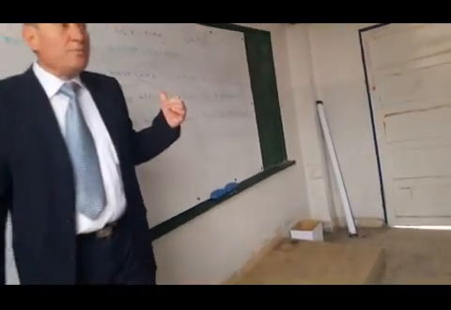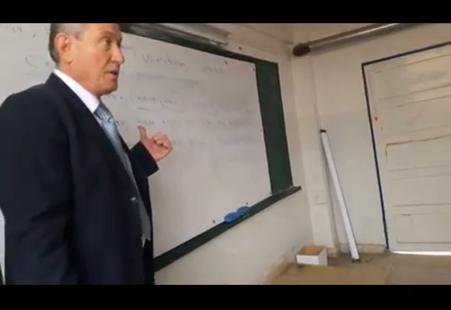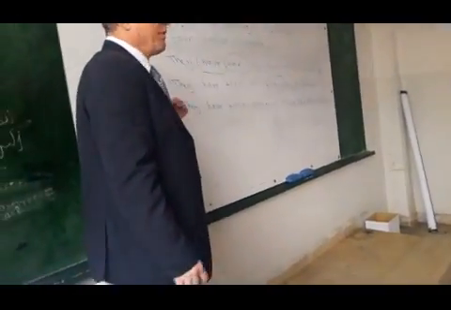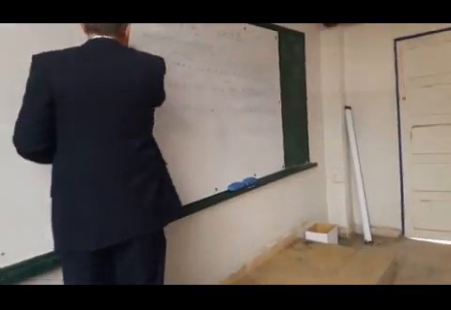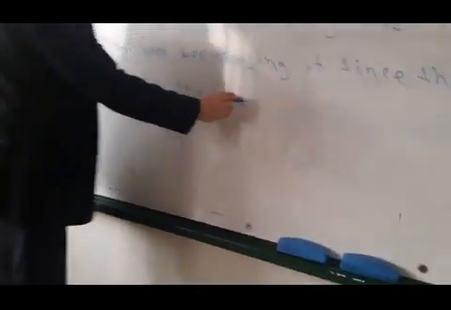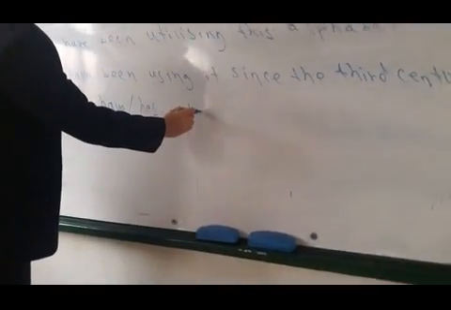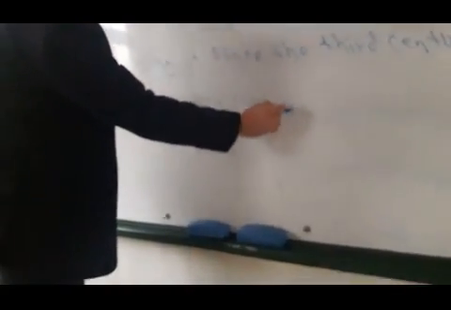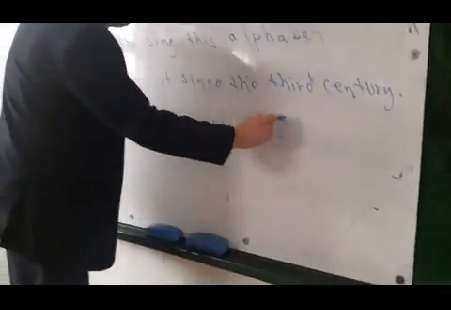This is the present perfect continuous tense. So the form is subject plus have or has plus been plus verb ing plus complement.